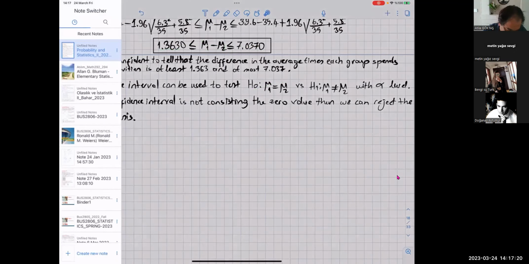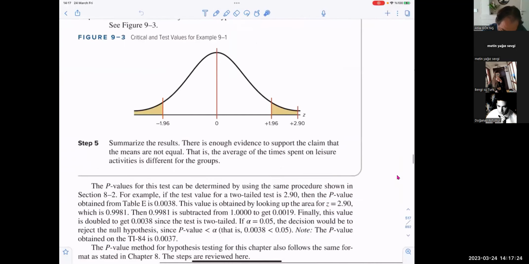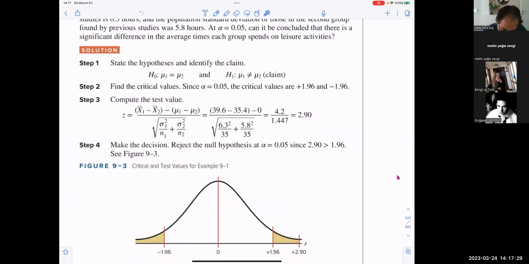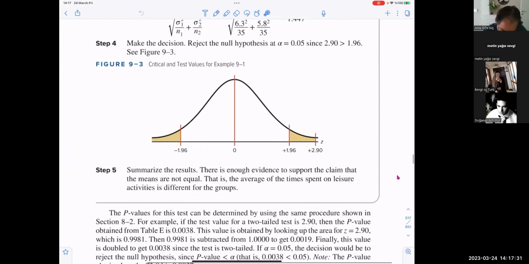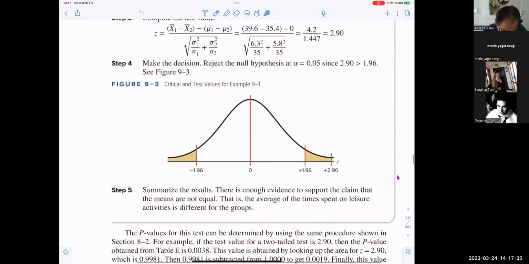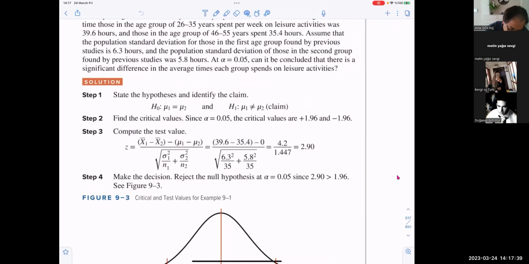Let's have another example from the book. Let me copy another one. If you want to have the solution, I can also present the solution as well. Let me copy the solution for you. I found 2.9016.